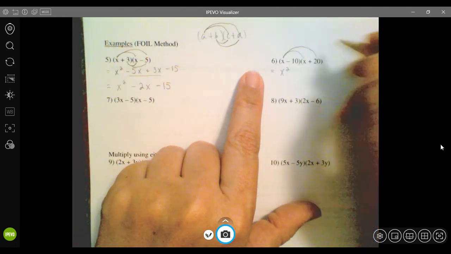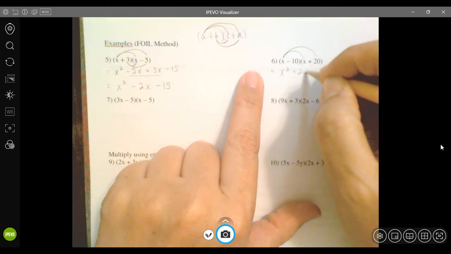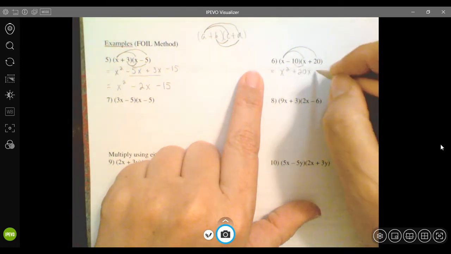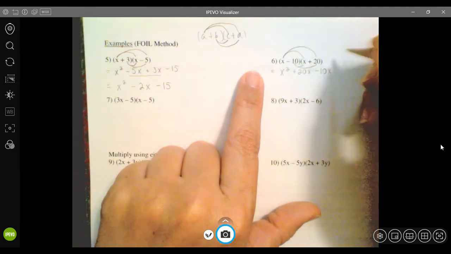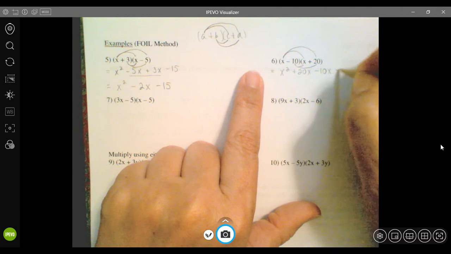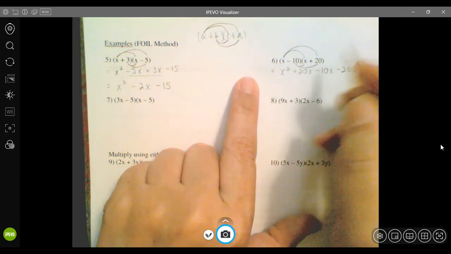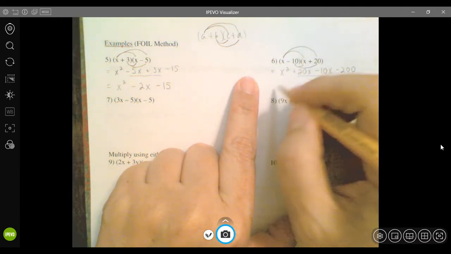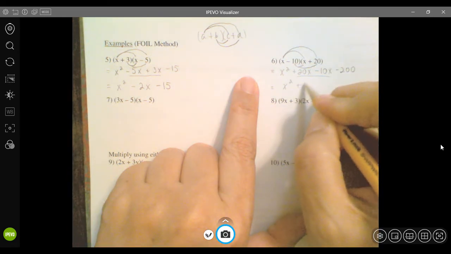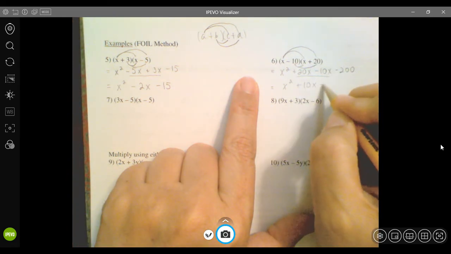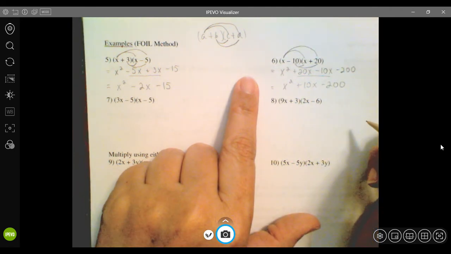Outside times outside, x times 20. Inside times inside, negative 10 times x. Last times last, negative 10 times 20. And I see my like terms here. And I get x squared plus 10x minus 200.